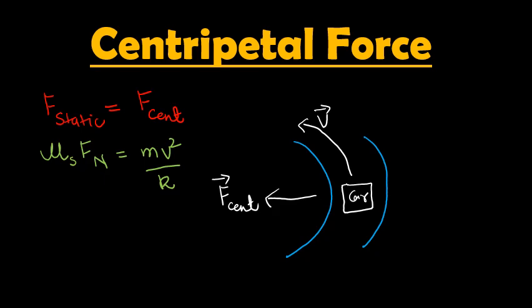Here mu s is known as the coefficient of friction, whereas Fn is the normal force.